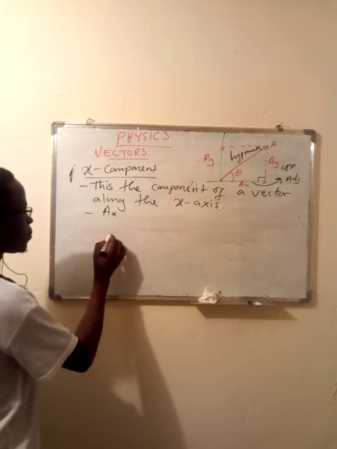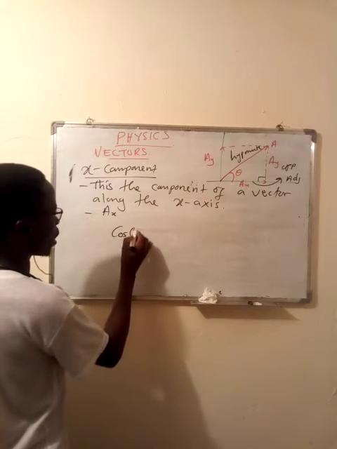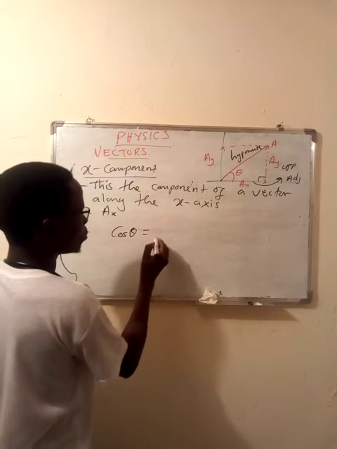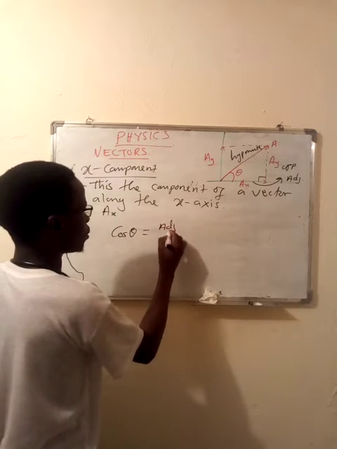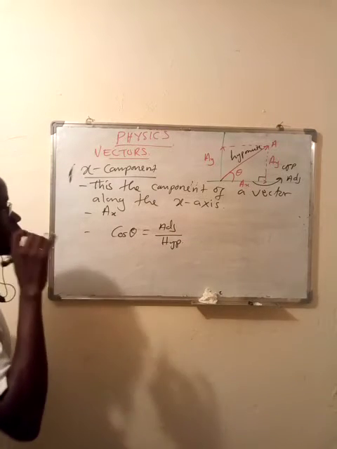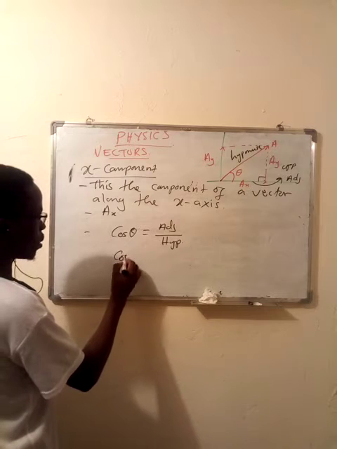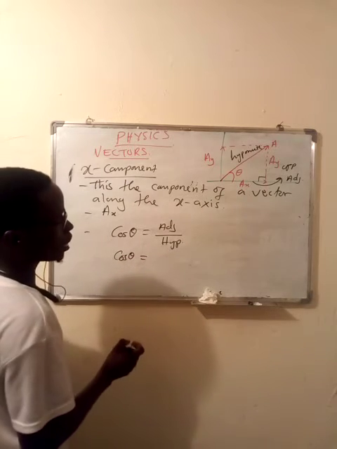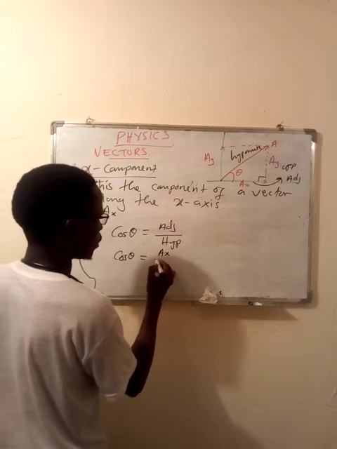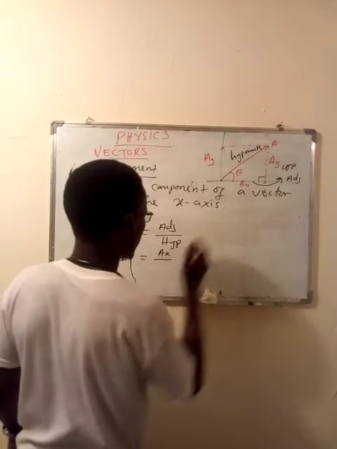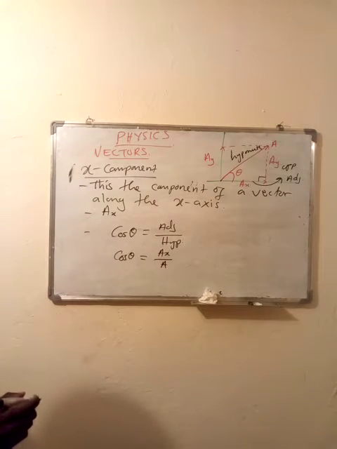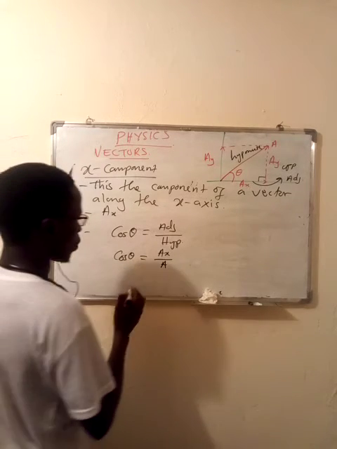So now remember that cos theta, if you remember from your trigonometry, cos theta is equal to adjacent divided by hypotenuse. So we're going to have cos theta equal to, what is our adjacent? Our adjacent is AX, and then our hypotenuse is A. So now what are we going to have?